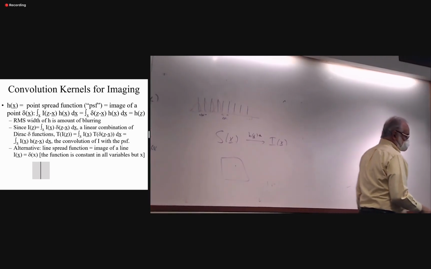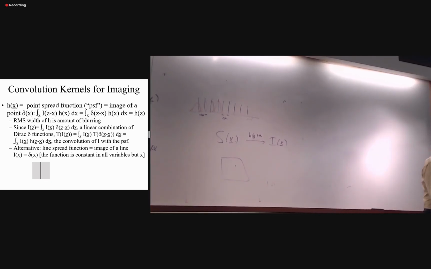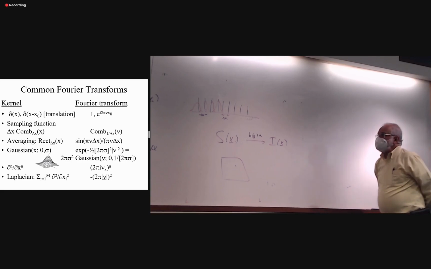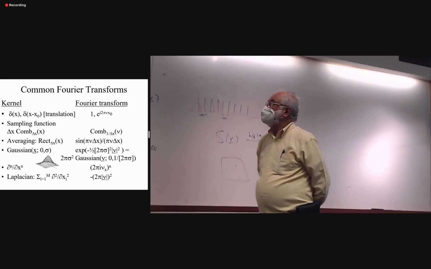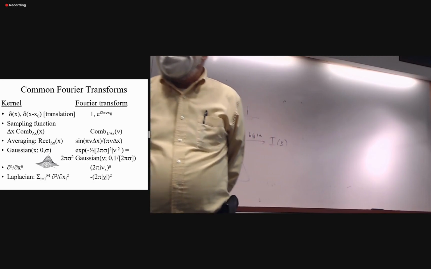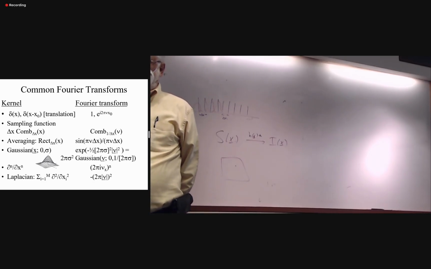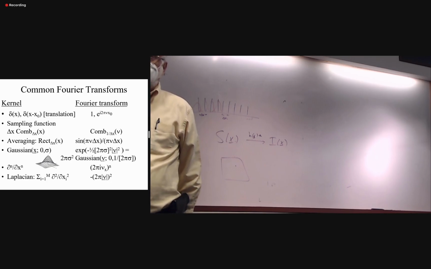We can also do this to lines rather than points. We get something called the line spread function. And from it, you can compute the impulse response, the point spread function, but I'm not going to get into that here. Okay, so we have all these convolution kernels that we're going to be interested in applying.